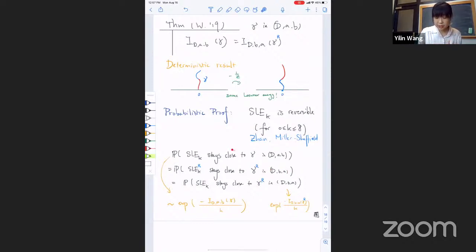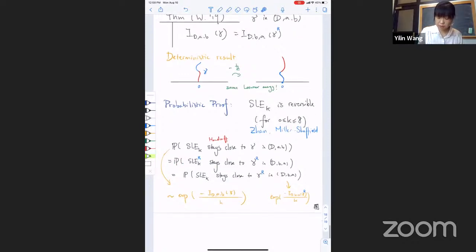Here, staying close is in the Hausdorff distance. And that's why we really want to prove the harder version of the large deviation principle, in order to have a more geometric distance on the space of curves. And using the Hausdorff distance, this first identity is a tautology.